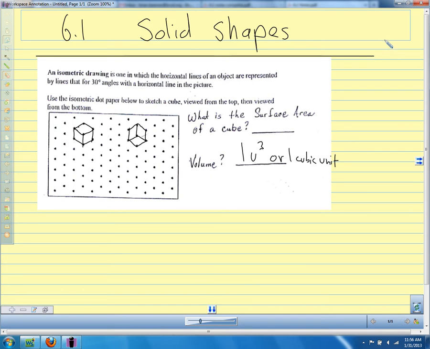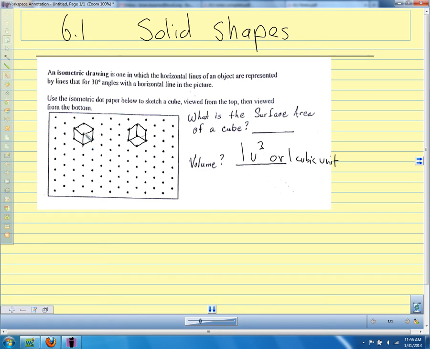One nice thing about doing our drawings this way is that if we make a complicated shape with a bunch of these cubes, to find the volume, all we have to do is count up the cubes. U is fine, or you could just put U cubed. Now our volume is 1 cubic unit.